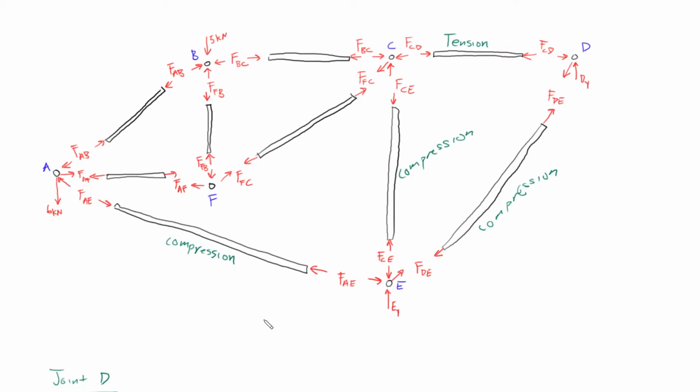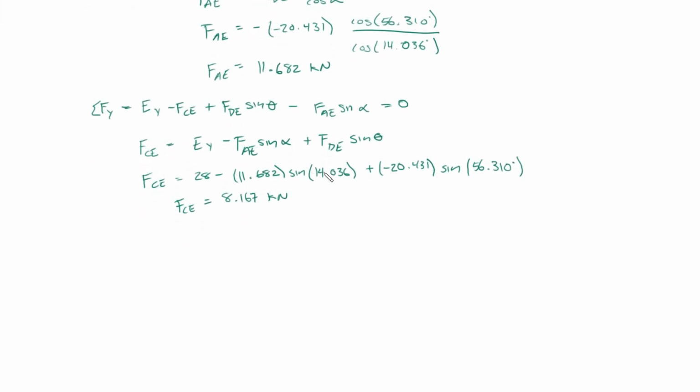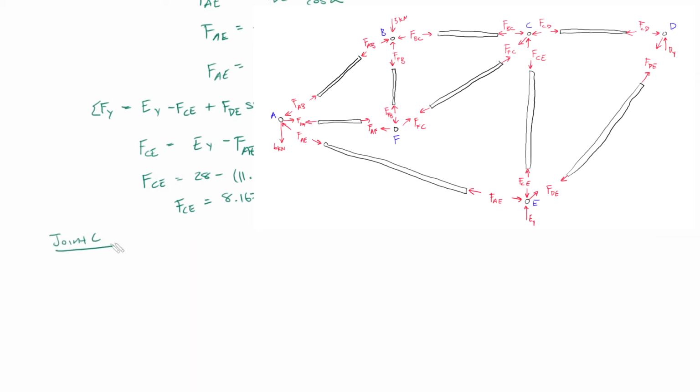So the next joint we're going to look at is joint C, and we're going to analyze that by using the two equations we've been using before. So the first thing we're going to do is sum the forces in the y direction. So for joint C, I'm running out of room here. Sum of the forces in y is going to be FCE minus FFC sine 45 degrees.